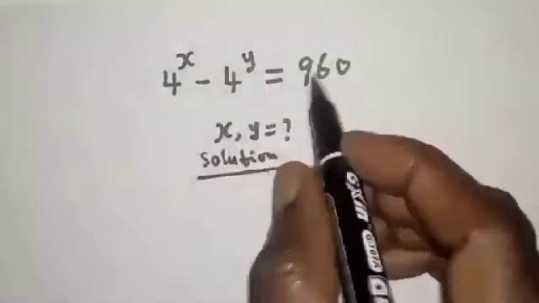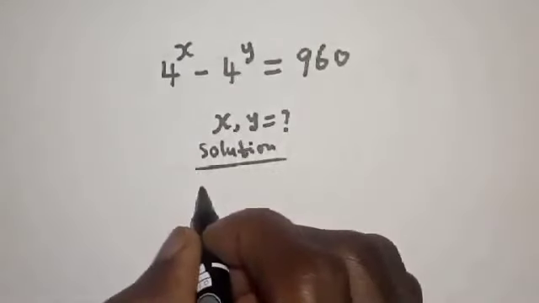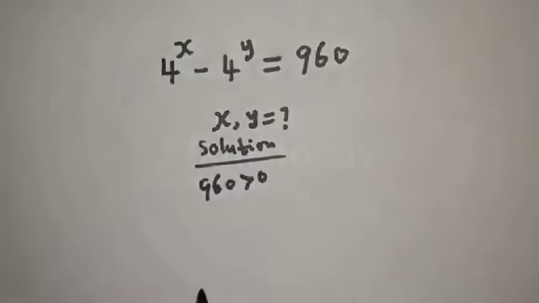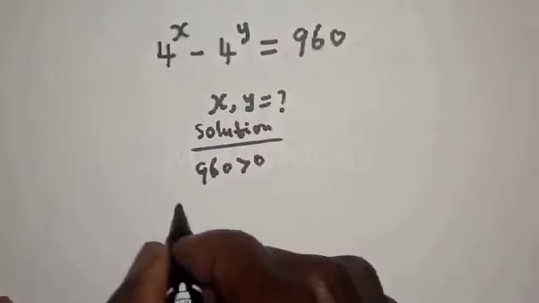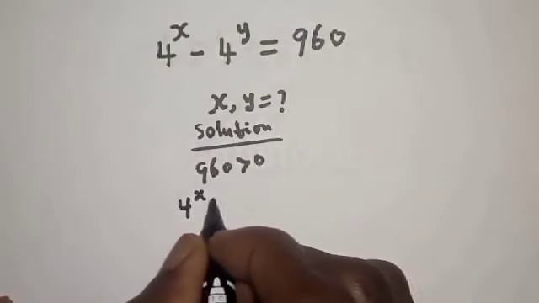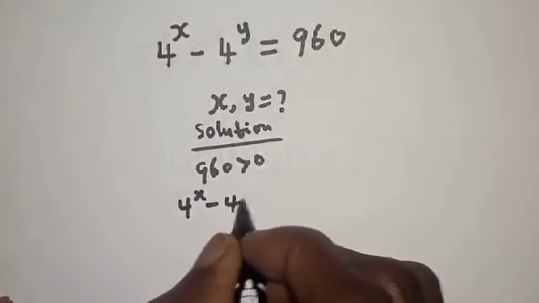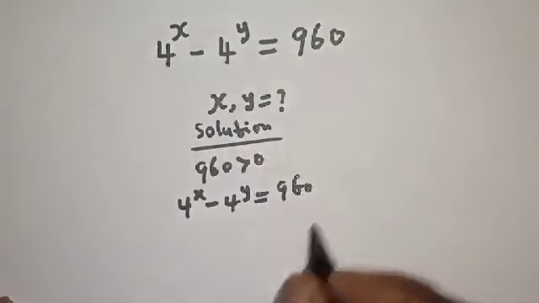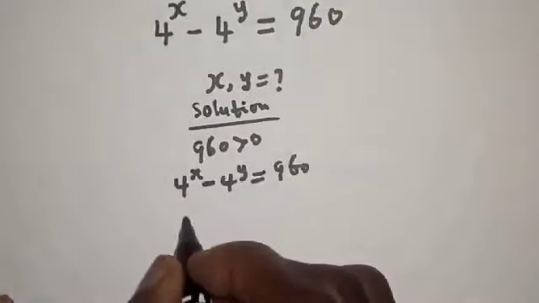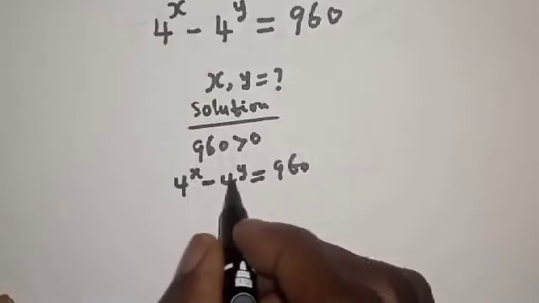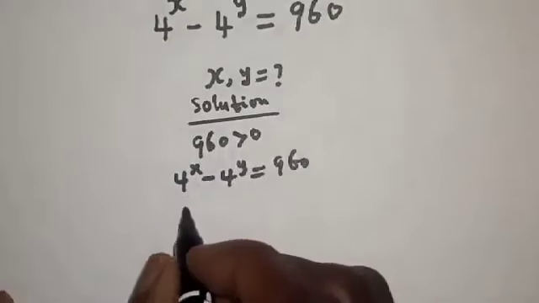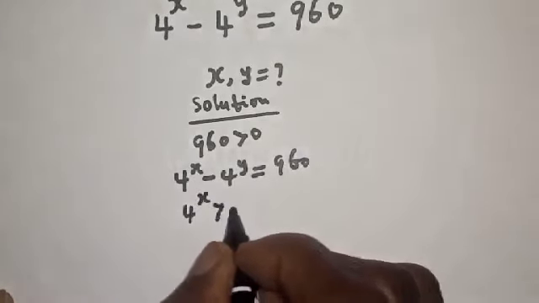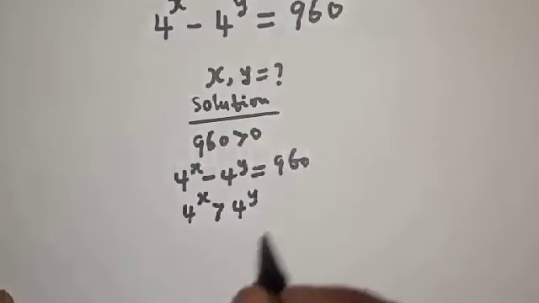From this given equation, 960 is greater than 0. Then we have 4 raised to the power x minus 4 raised to the power y is equal to 960. Then we can see that here 4 raised to the power x is positive and 4 raised to the power y is negative. Therefore, 4 raised to the power x is greater than 4 raised to the power y.